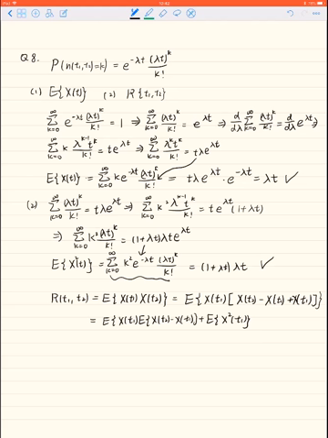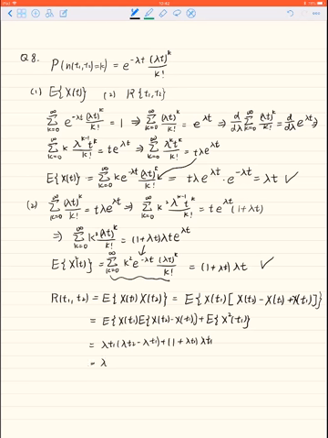Since we know the expectation of X(t) and of X squared, the answer is easily lambda t1 times (lambda t2 minus lambda t1) plus (1 plus lambda t1) times lambda t1.